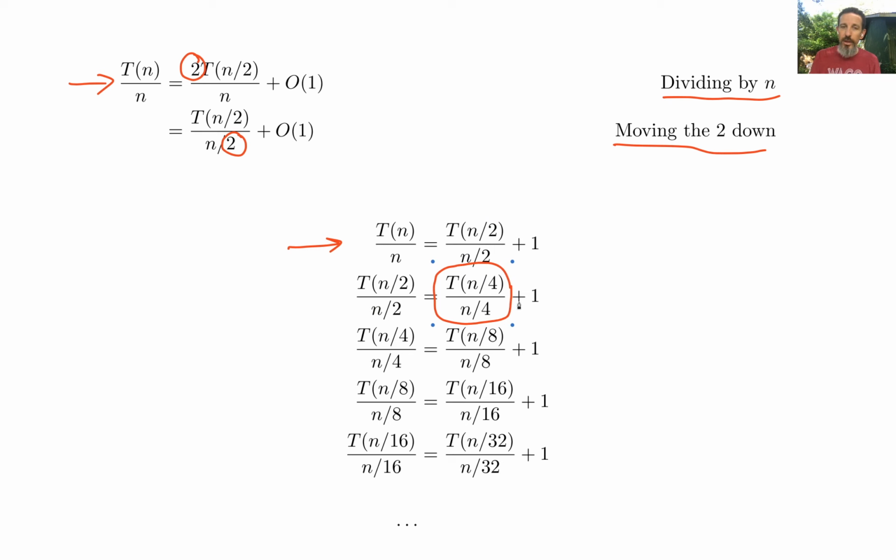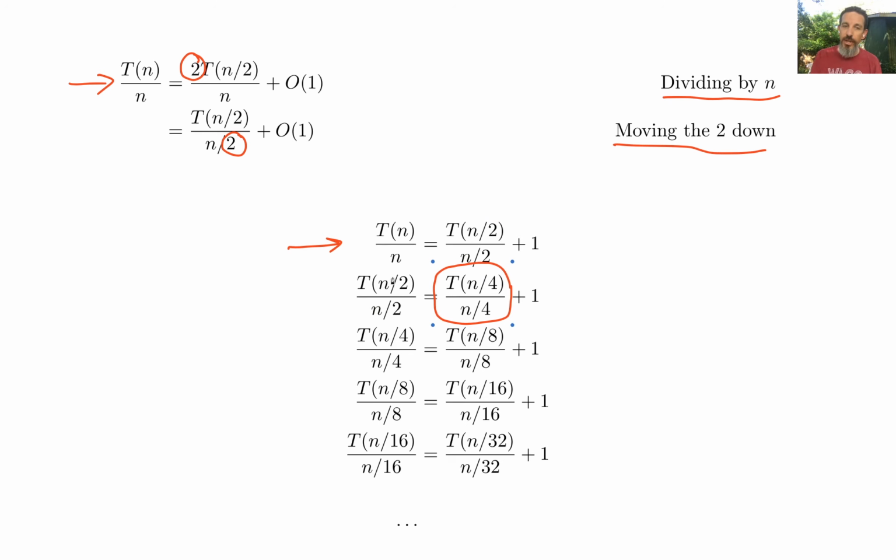And we get that just by pattern matching. If you replace n everywhere in this definition up here with n/2, then you get this definition right here. Well, if we were able to know what T(n/4)/(n/4) was, we could plug it in here.